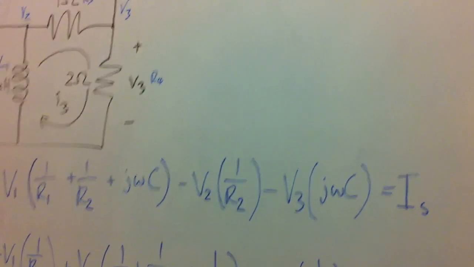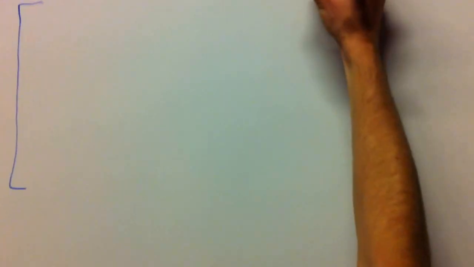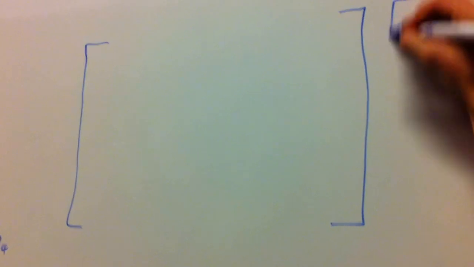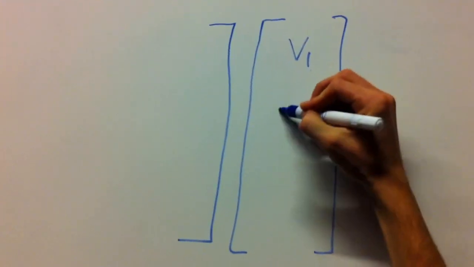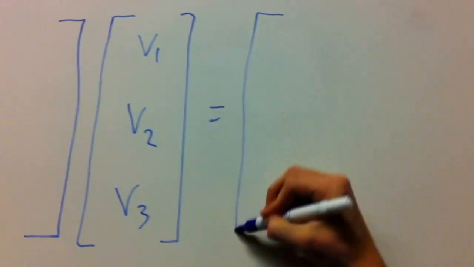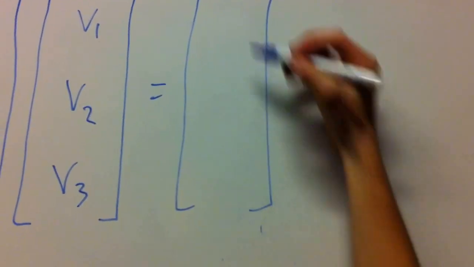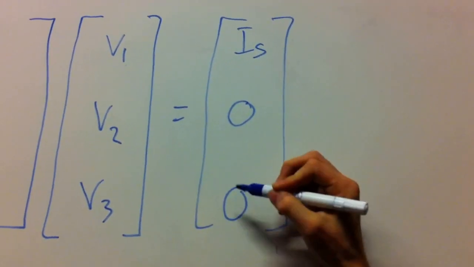So we're going to do that up here. It becomes IS, 0 and 0.